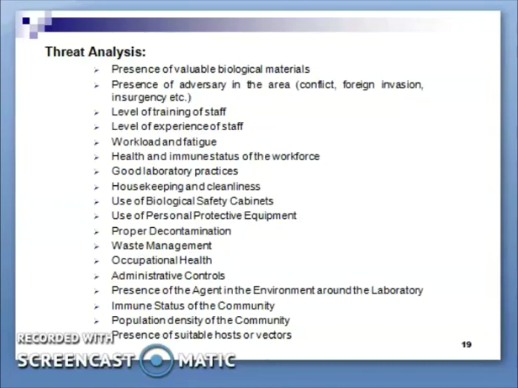So if there are valuable biological materials, we need to protect those assets, because if stolen or misused, they can cause huge harm and huge damage to the population. So presence of an adversary in the area means conflict of the nations, conflict of the people, foreign invasion, insurgency, etc.